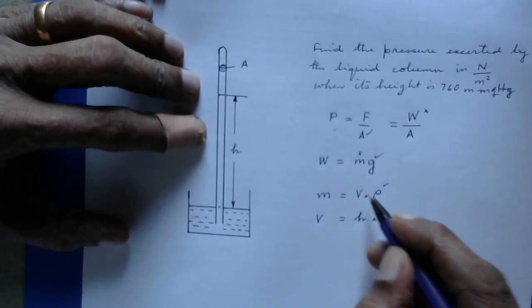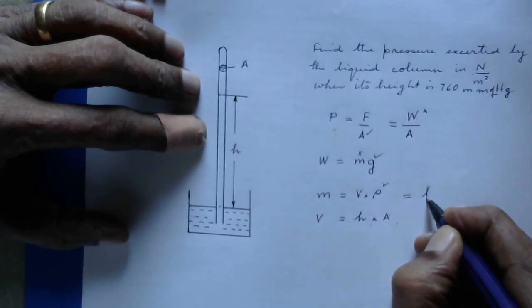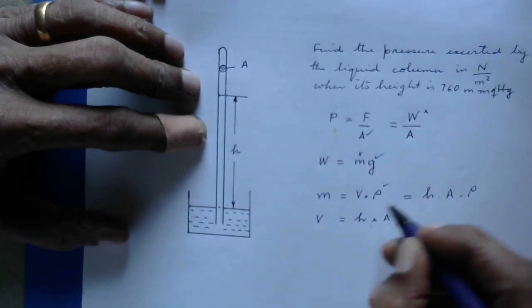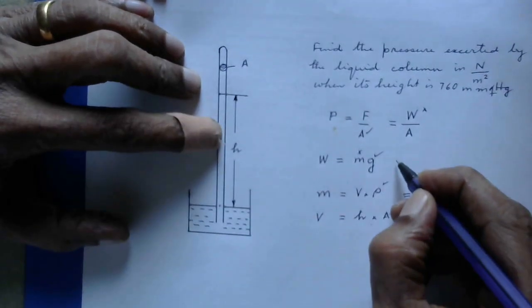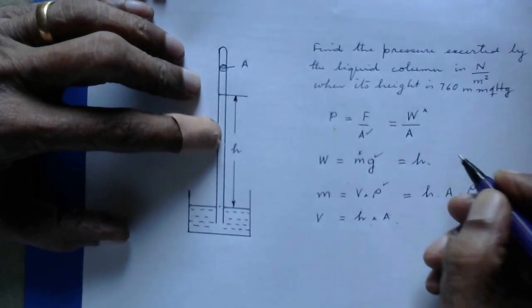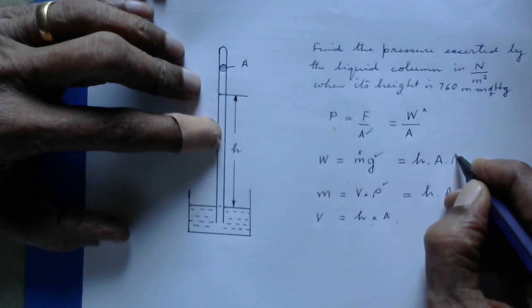So here V has to be replaced, V is equal to h into A. So this will become m equal to h into A into rho. And that is m. So we substitute for m here. So W is equal to h into A into rho and g.